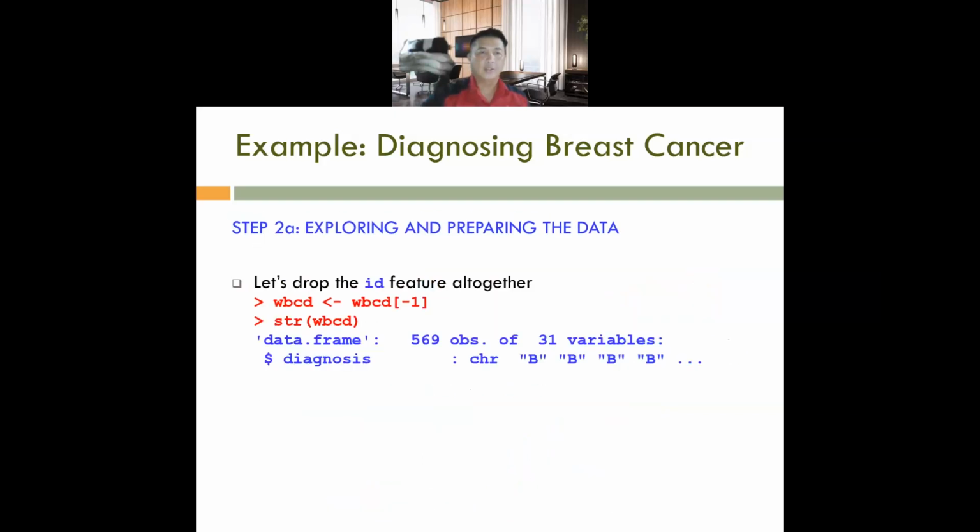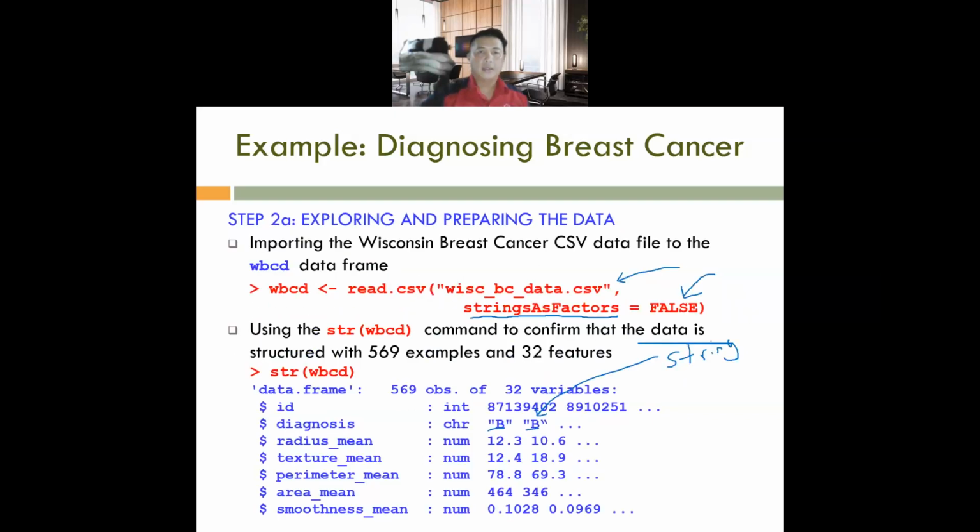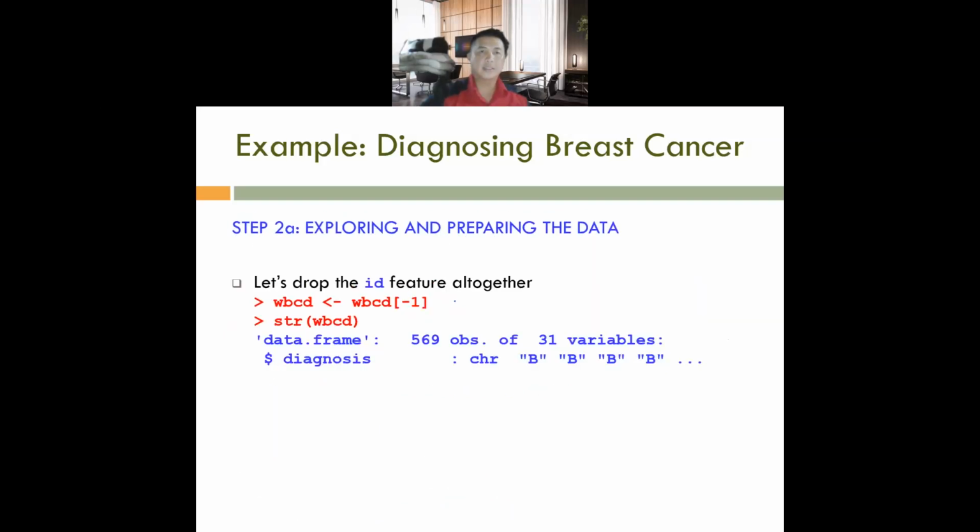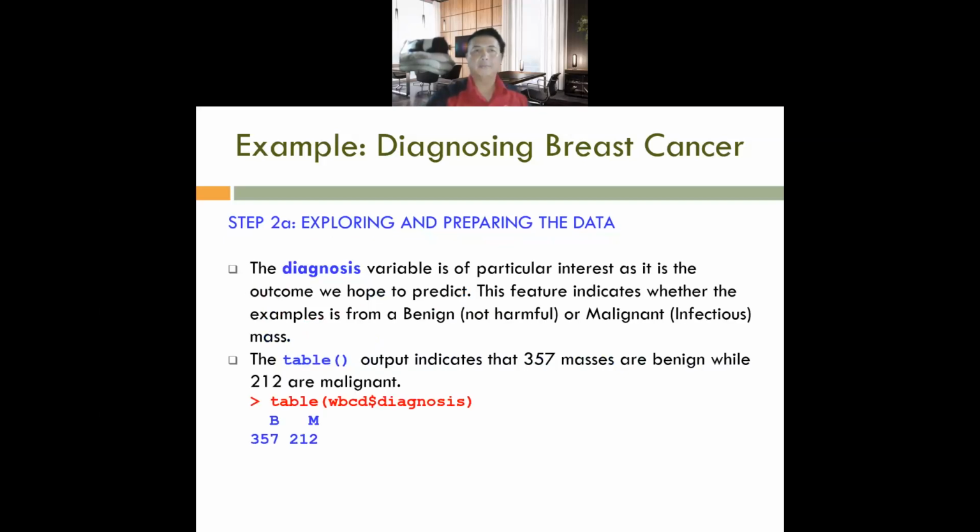And another one is that we do not want to have this, so we remove that one because it is not relevant to the label of your data. If you look at the structure of your data, you will have 31 variables. The diagnosis variable is of particular interest because this is the label that we want to predict.